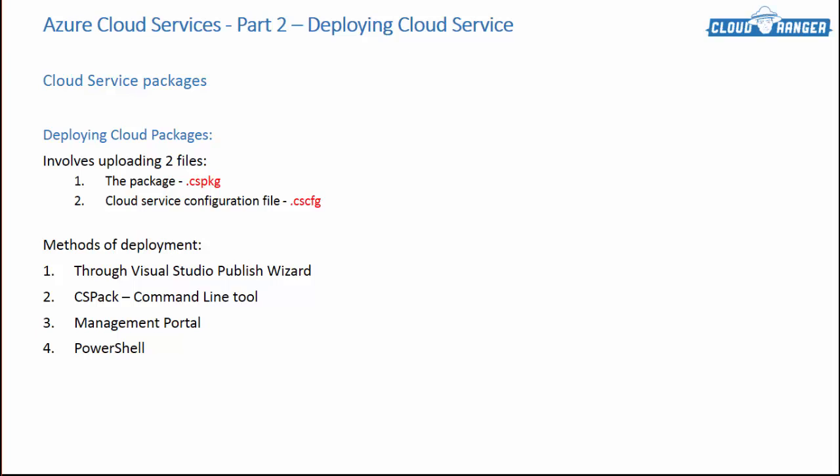It's a command line utility that you can download, and it uses the Azure SDK to create the package file and the service configuration file for you. Then you have the management portal. And when I say the management portal, we also need to talk about the Azure Preview portal. You can do it from both places. And of course, you can use PowerShell for deploying to the cloud service. So for now, let's remember that anytime we talk about deploying a cloud service, we are talking about uploading two files. Now let's get into some details.